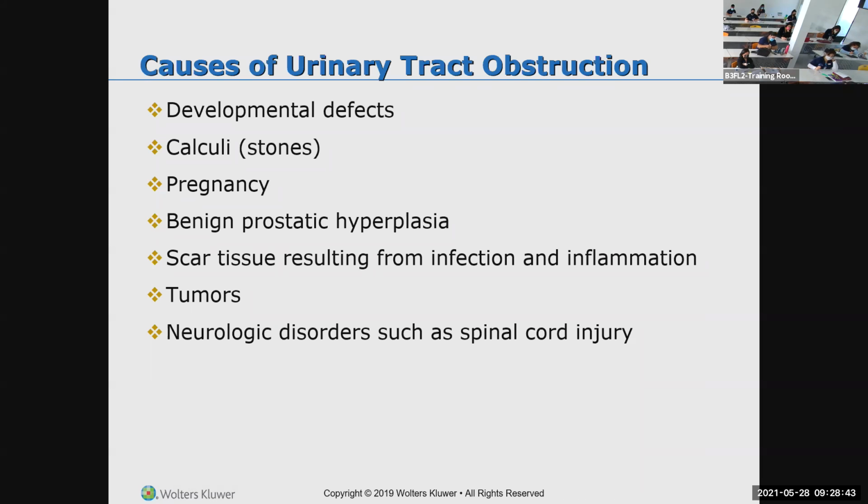Also, people suffering from Parkinson's disease, people suffering from multiple sclerosis. Multiple sclerosis, please remember, they do suffer from urinary tract obstruction because the bladder becomes neurogenic because of MS, multiple sclerosis. Please remember.